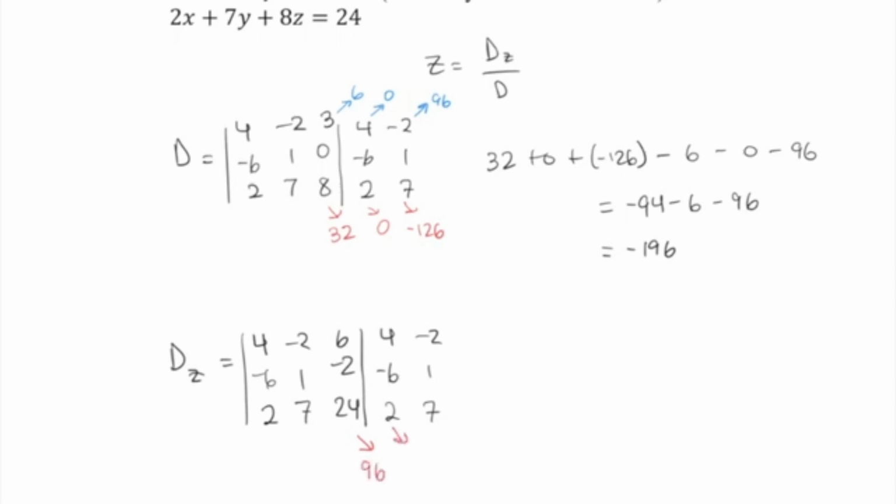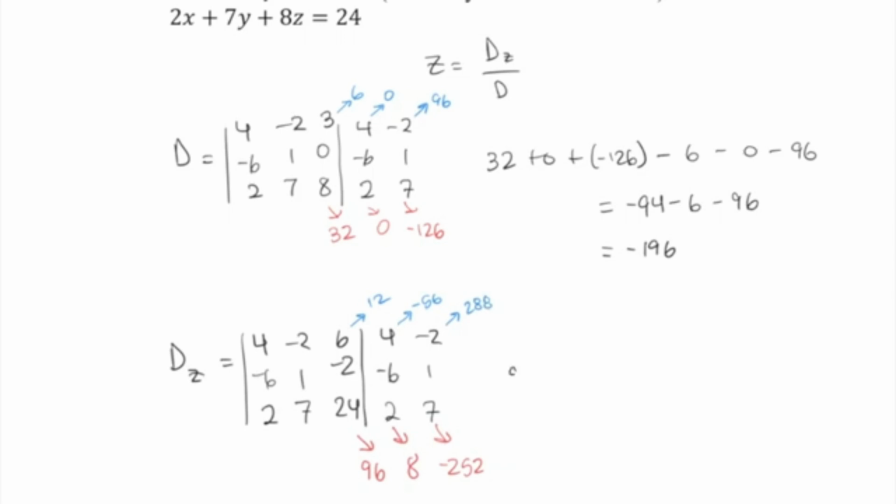Here we have negative 2 times negative 2 times 2, which is 8. And here we have 6 times negative 6 times 7, which is negative 252. Now from the bottom left to the top right diagonals, 2 times 1 times 6 is 12. 7 times negative 2 times 4 is negative 56. And then 24 times negative 6 times negative 2 is 288.